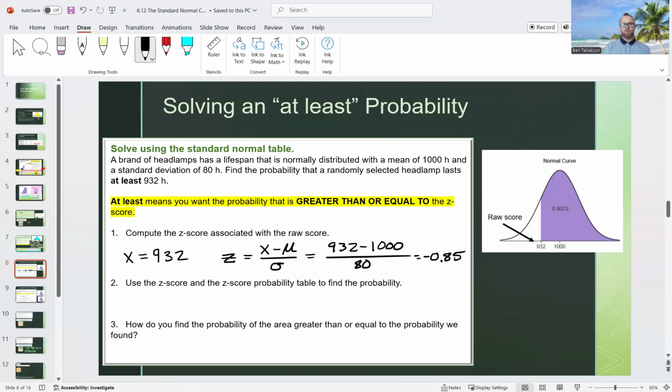Now we know the z-score, so we need to use it and the z-score probability tables that you've been using to find the probability. So go to your tables, look for negative 0.85, and we're trying to find the probability.